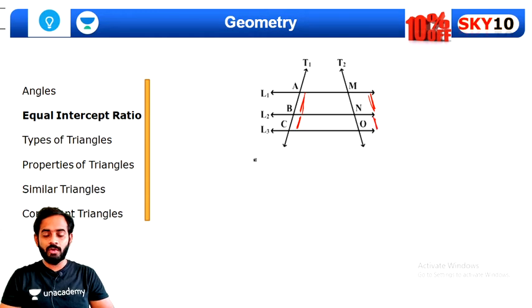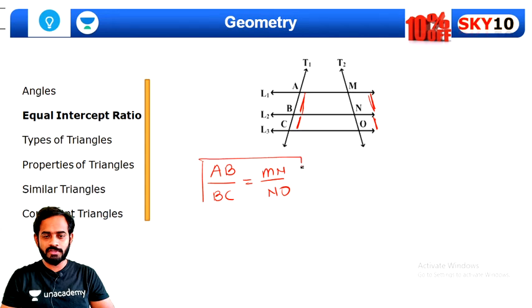So according to the equal intercept ratio theorem, you need to remember this part: AB upon BC will be equal to MN upon NO. Similarly, AB upon total AC is equal to MN upon total MO, right?